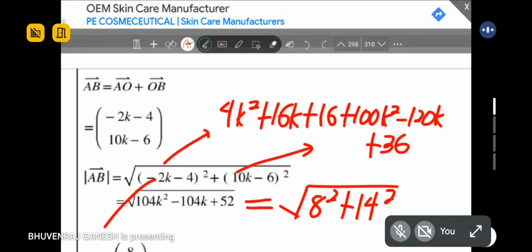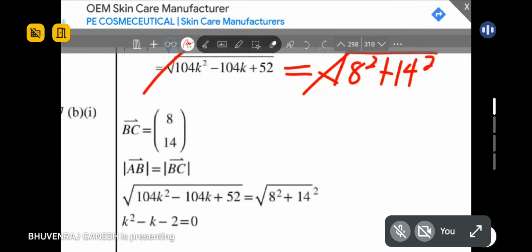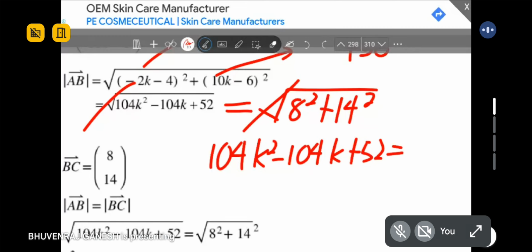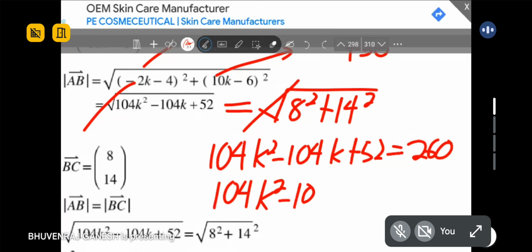Because they say magnitude AB equal to magnitude BC. So, square root and square root cancel, potong. So, you will get a quadratic equation, guys. Okay, do I need to show the steps, guys? Perlu tak saya tunjuk langkah? You guys just simplify this. 8 square plus 14 square, you press calculator, 260, and then shift all to the left hand side.